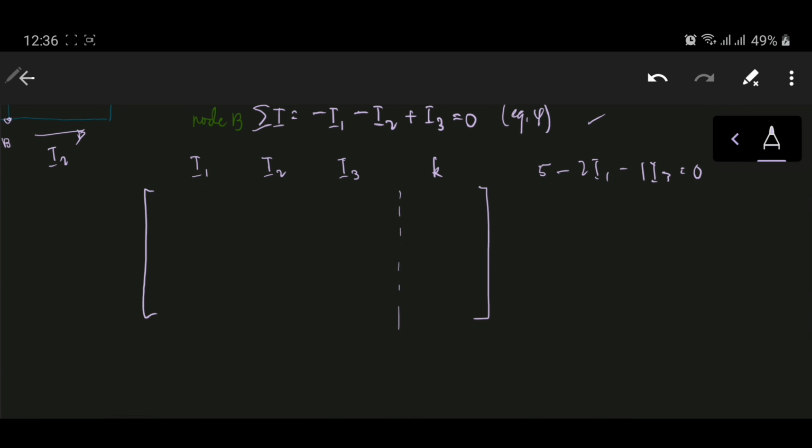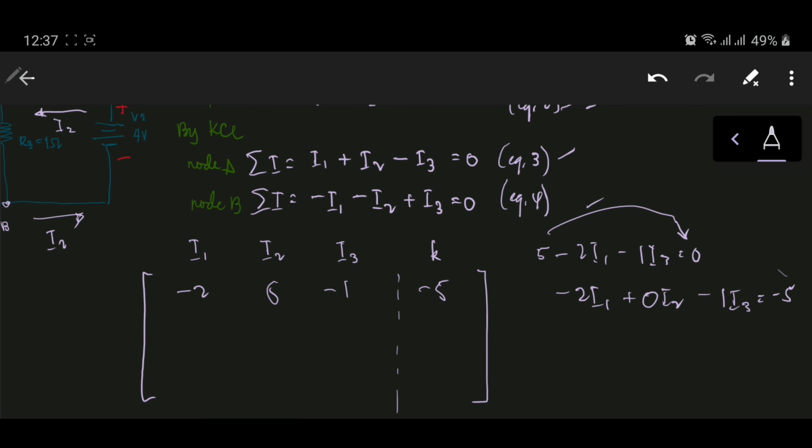If we're going to rewrite this equation to put it into the matrix, we just have to transfer all the constants to the right side of the equation. So you have -2I1 plus 0I2 minus 1I3 equal to -5. So you have your -2, 0, and -1 equal to -5.